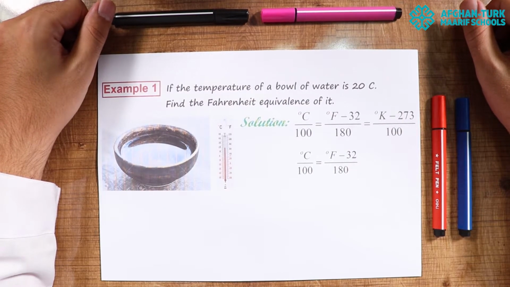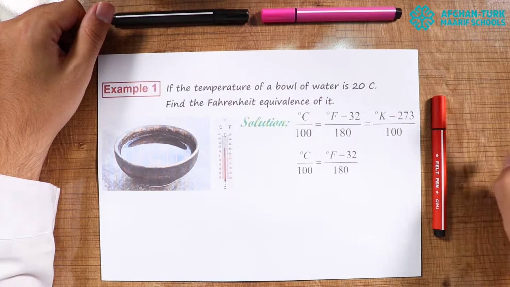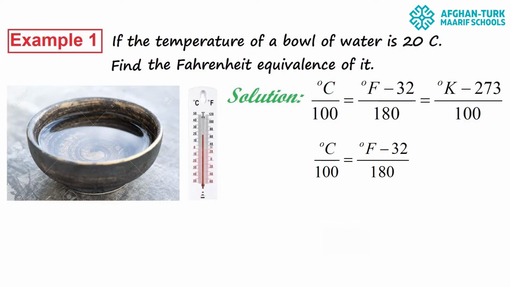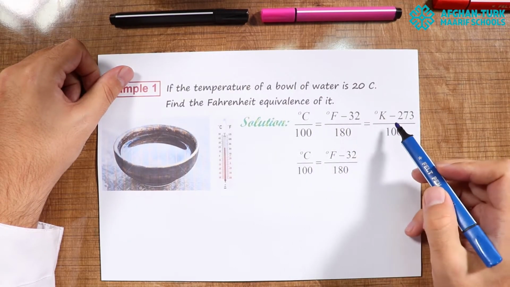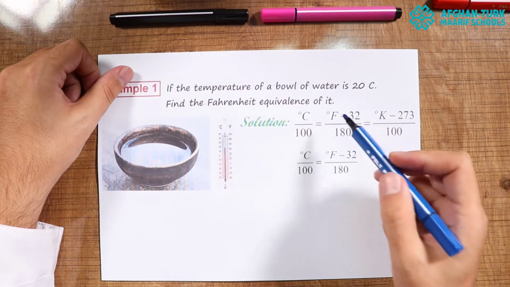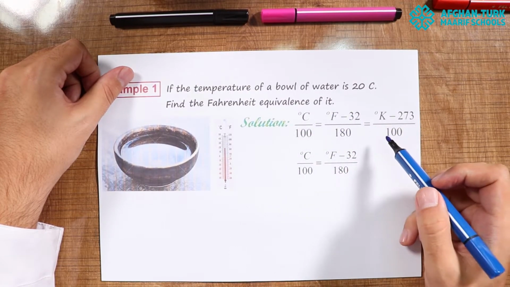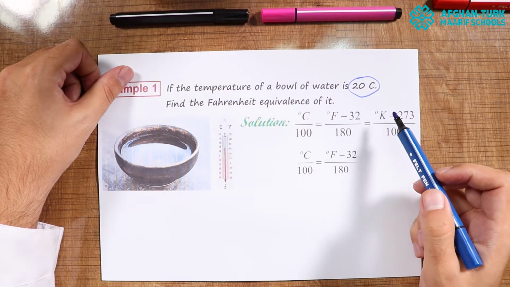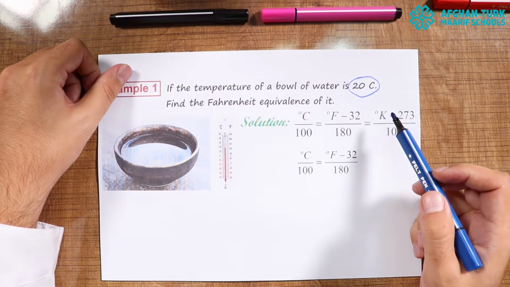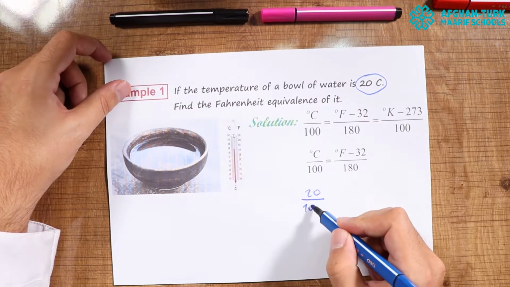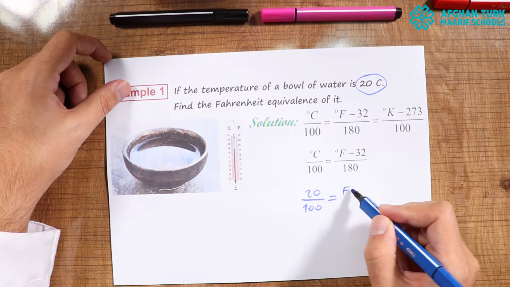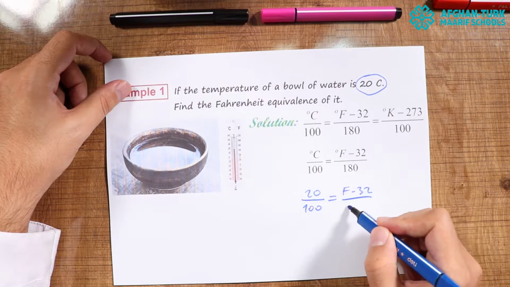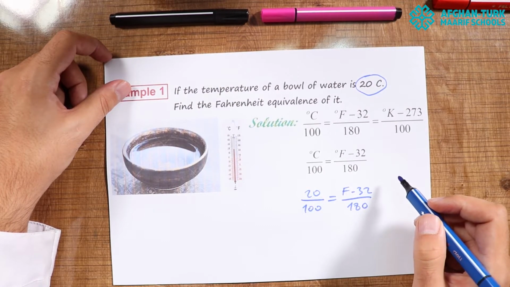We have a bowl of water at 20 degrees Celsius and we will find its Fahrenheit equivalent. This is our general relation between Celsius, Fahrenheit and Kelvin. I will use the left side of the equation and the Celsius was given as 20 degrees. So when I cross multiply, 20 divided by 100 is equal to F minus 32 divided by 180.